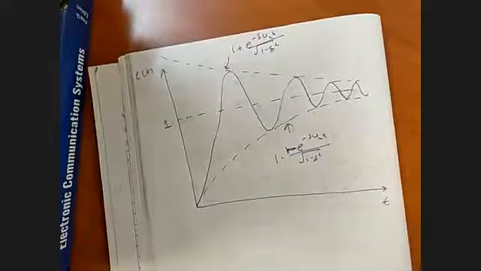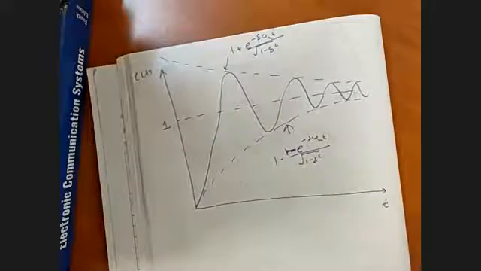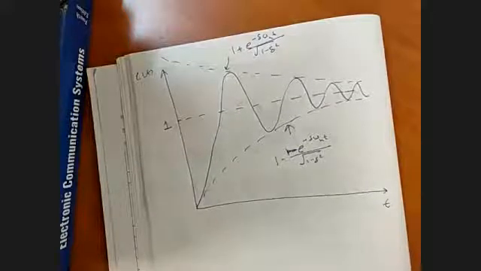The error signal for this system is the difference between the input and output, and that will be equal to e raised to power minus delta omega n t upon under root 1 minus del square, sin(omega d t plus theta). It is a damped sinusoidal response. The response reaches a steady state value of 1 when time tends to infinity.